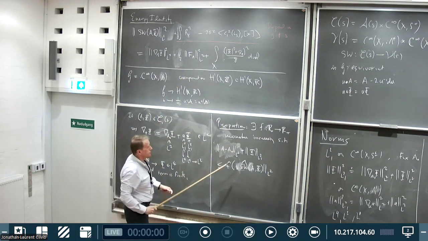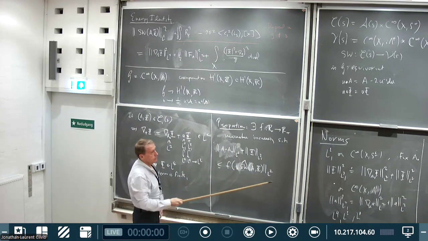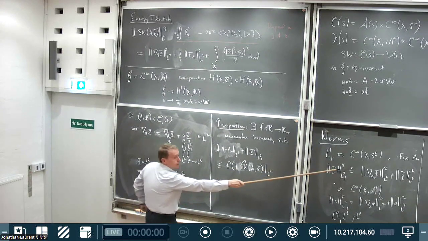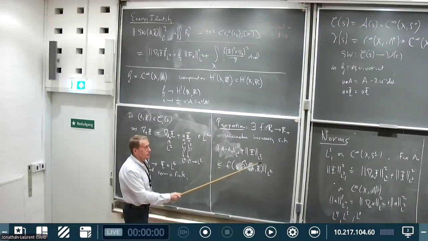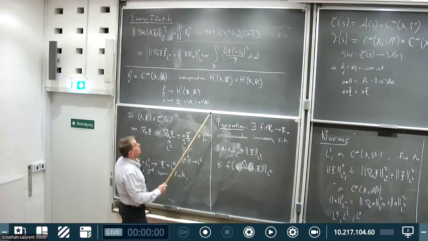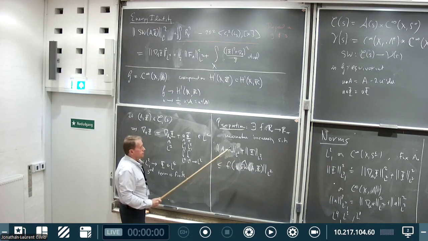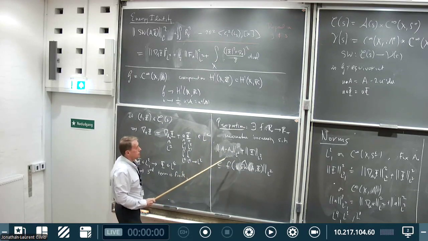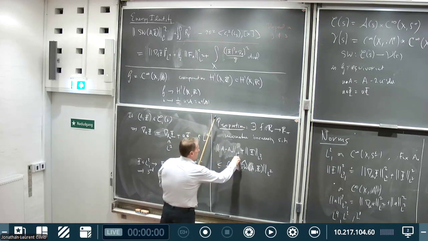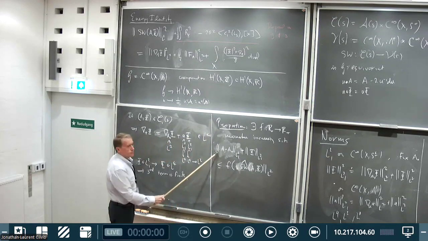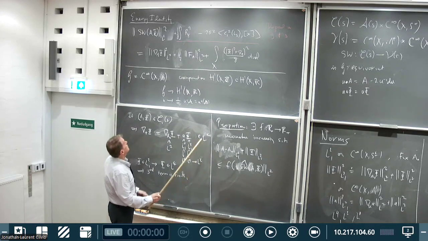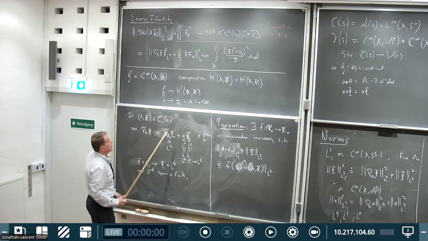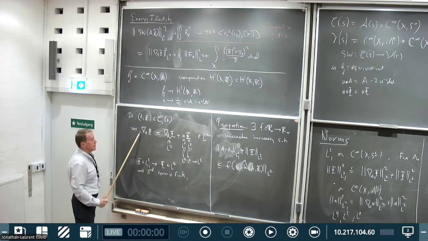But because it's the extended Seiberg-Witten equation, I also have control over the L2 norm of B star A. So I have control over enough to get control over the L21 norm of this difference. And once I have control over the L21 norm of the difference, then I can run this argument backwards.